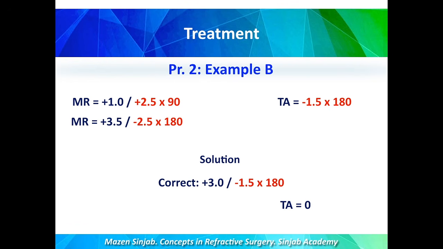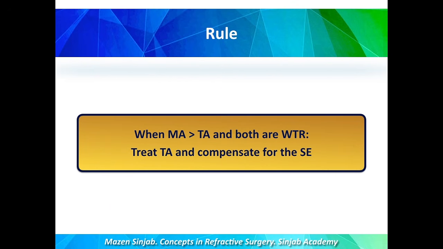So postoperatively, we will have postoperative spherical equivalent of 0, and the topographic astigmatism will be also 0. So the golden rule is, when manifest astigmatism is larger than the topographic astigmatism and both are with the rule, treat the amount of topographic astigmatism and compensate for the spherical equivalent.